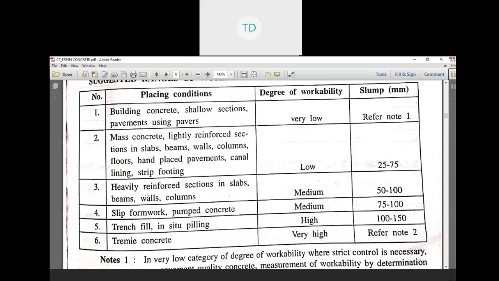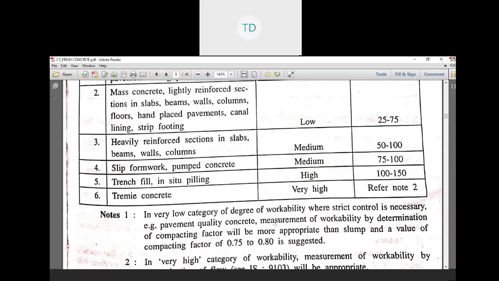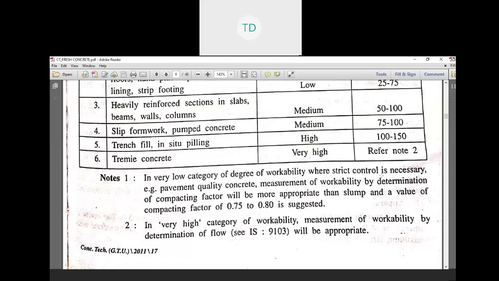Third, heavily reinforced sections in slab, beam, wall, column: degree of workability medium, slump 50 to 100. Fourth, slip form, pumped concrete, trench fill, in situ piling: high and very high, slump 100 to 150, see note 2.